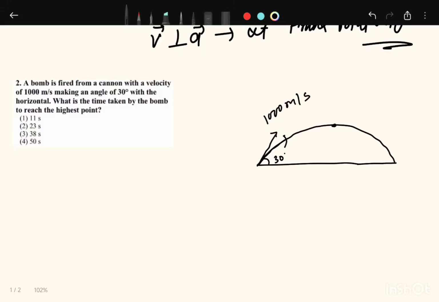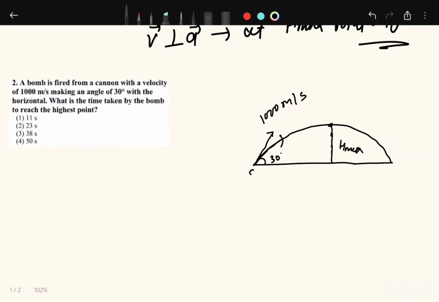We are asked, when our bomb will reach the highest point, what will be the time? So from this point to this point P, the time it will take will be the time of ascending.